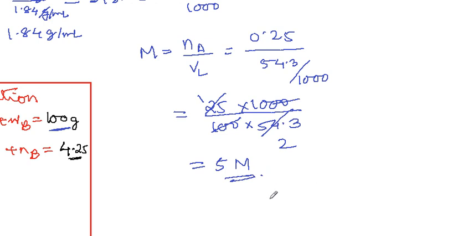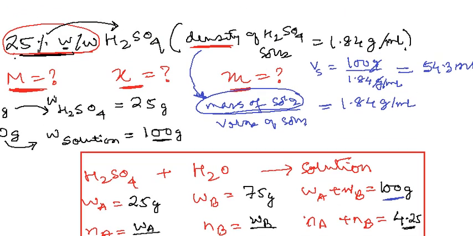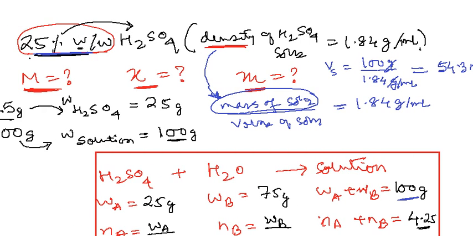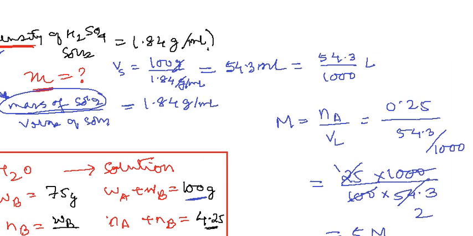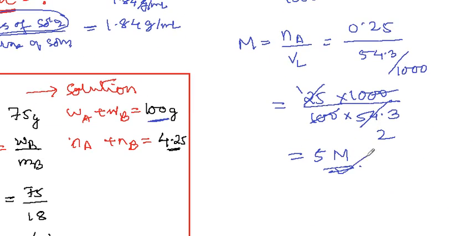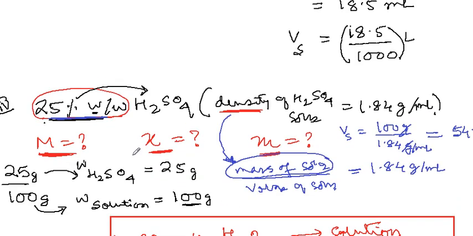So that means if your solution strength or the concentration is 25% by mass, our molarity would be 5 molar, isn't it? The one that we have calculated just a while ago, our molarity would be 5 molar.